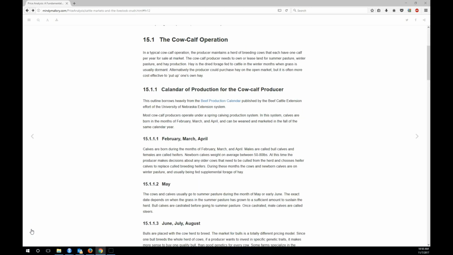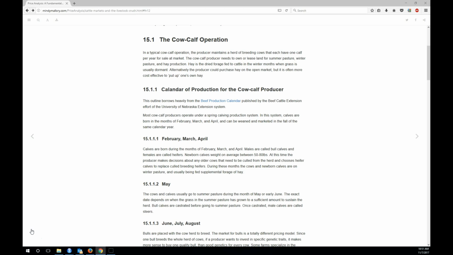In a typical cow-calf operation, the producer has a herd of breeding cows, and each of those cows is expected to have one calf per year, and the sale of those calves will be how the cow-calf operation makes money. So the cow-calf producer usually owns or leases land for summer pasture and winter pasture and hay production.